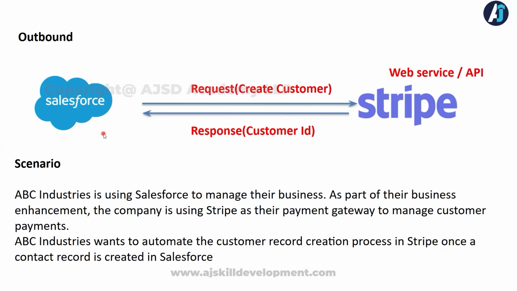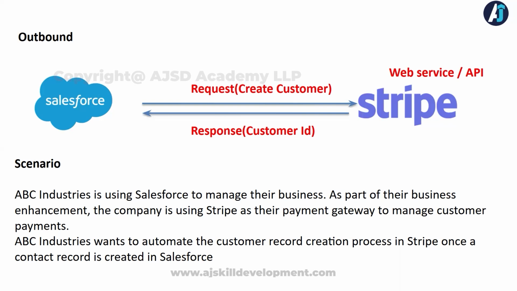So this is a typical example of outbound integration. Let me quickly show you how this system really works. I have already pre-implemented it in the org, and I will show you how the integration works. This is the end-to-end integration between Salesforce and Stripe. In future videos, we will be building the same from scratch.